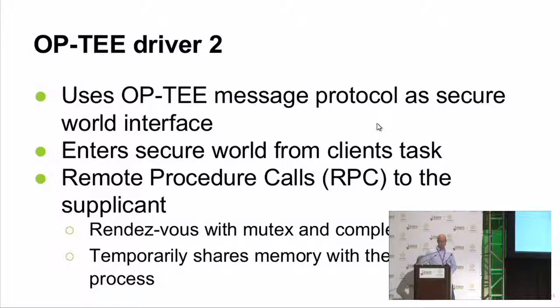The Opti driver uses an Opti message protocol as the secure world interface. It basically tells the different SMC IDs, what they mean, and what kind of parameters are passed together with that specific SMC ID.